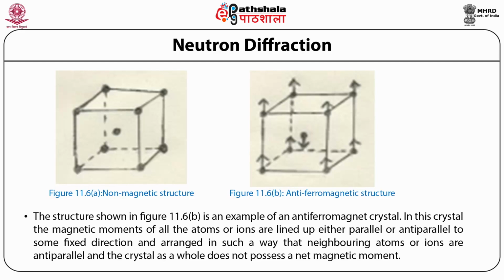The structure shown in figure 11.6b is an example of an antiferromagnetic crystal. In this crystal, the magnetic moments of all the atoms or ions are lined up either parallel or antiparallel to some fixed direction and arranged in such a way that neighboring atoms or ions are antiparallel and the crystal as a whole does not possess a net magnetic moment.